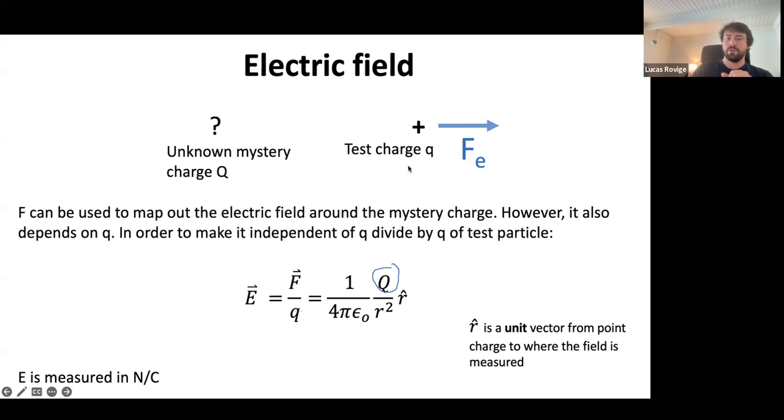We go to something that's only specific to the charge you're trying to characterize, because it only depends on this large Q. So we see that E is the force divided by q, and conversely, the force that this test charge would feel is just the electric field multiplied by the charge of this particle.